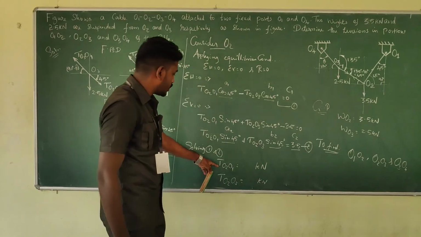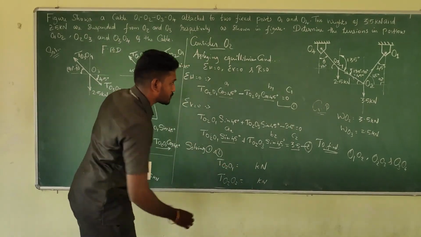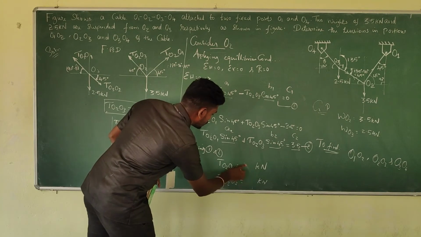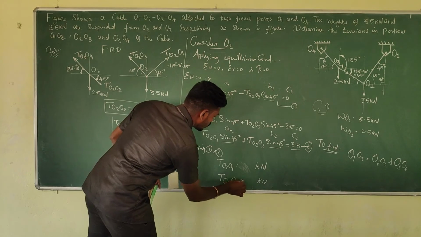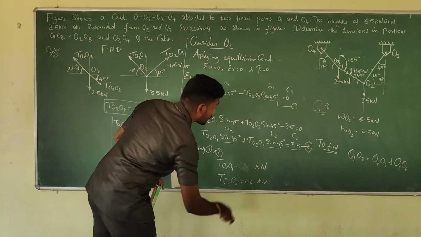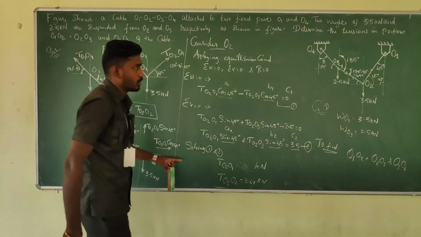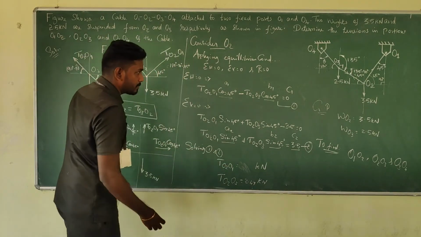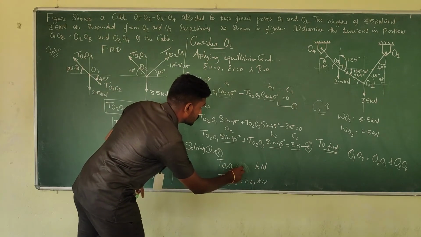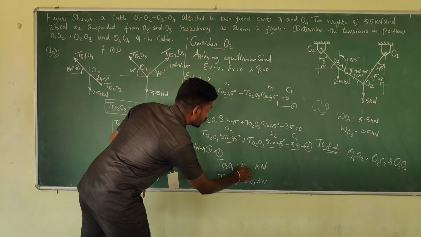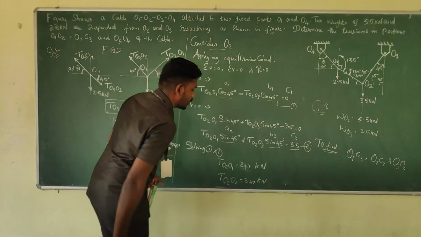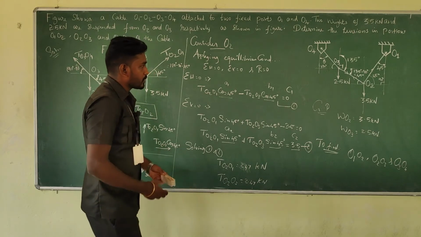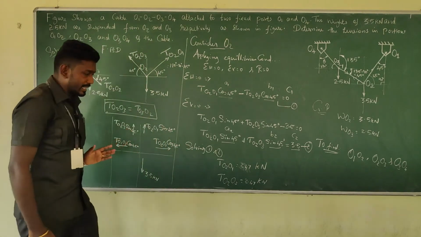So roughly I can say TO2O3 will be 2.47 kilonewton, and TO2O1 will be 2.47 kilonewton. Both are the same value. Okay, fine. Let's move to the next step.